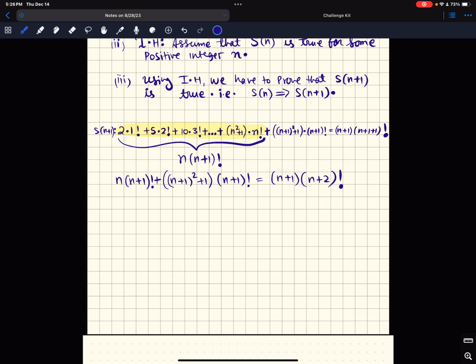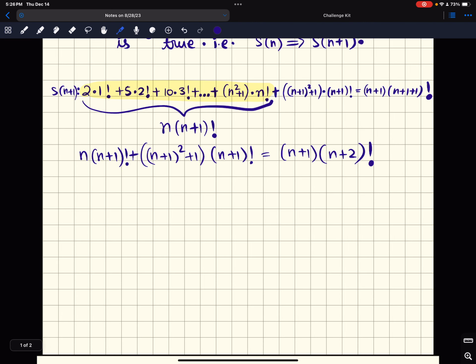So right after that, what you have to do is factor n plus 1 factorial.